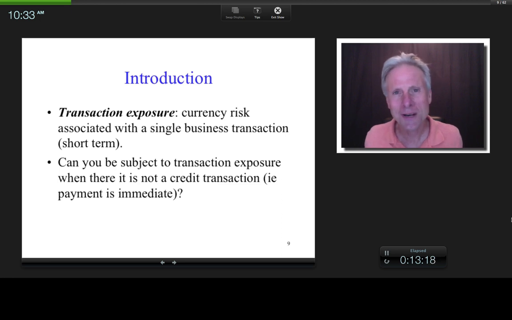And so is there any risk or uncertainty about what today's exchange rate is when you say, all right, hey, give me my widgets now and I'll pay you now? Is there any uncertainty about how much you'd be paying, whether it's in yen or dollars or whatever? There isn't, right? So when it comes to creating risk, time has to pass for there to be a situation where unexpected stuff happens.